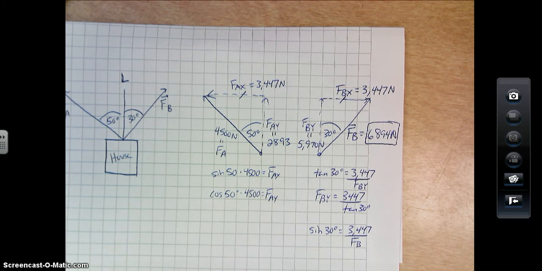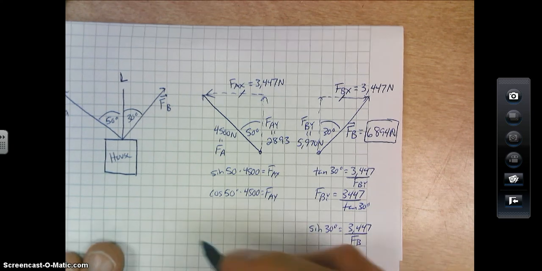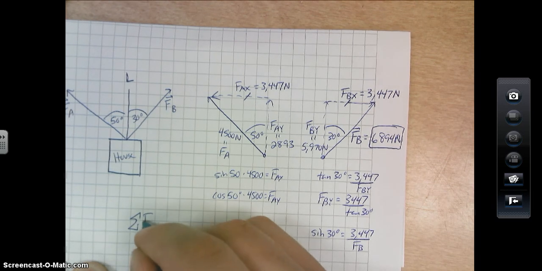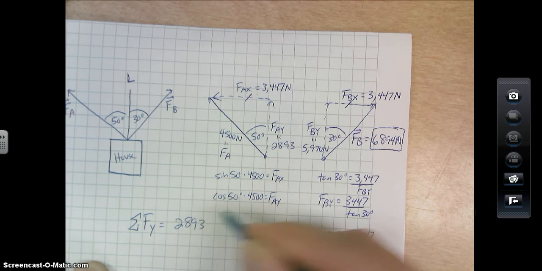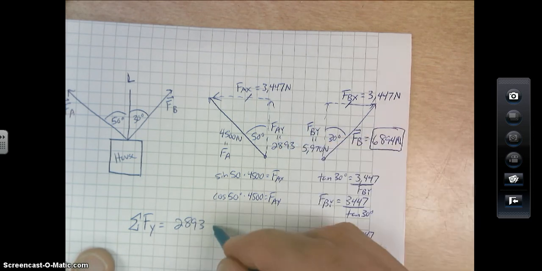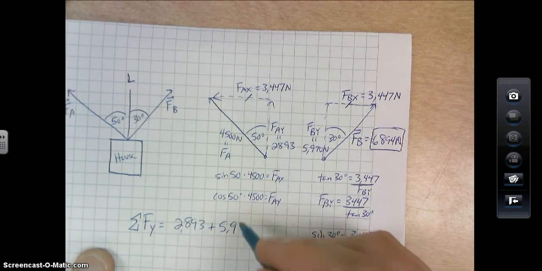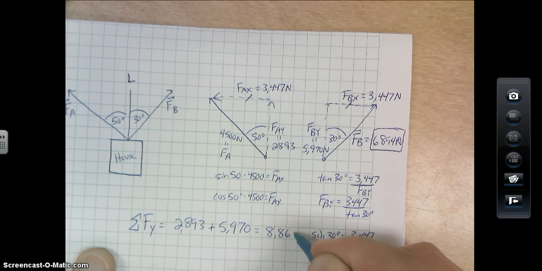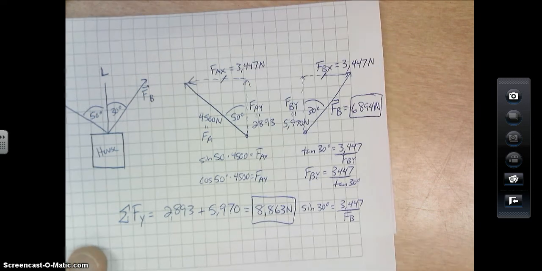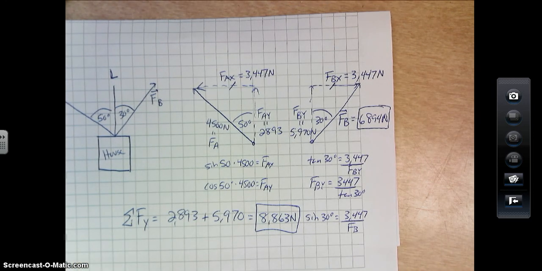Well, since the sum of F of A and F of B only really include the y components, since the x components cancel, then I know that the sum of all those forces in the y is going to be the 2893, that's this one, and the 5,970 newtons, which would give us a total of 8,863 newtons total acting on that particular housing unit.